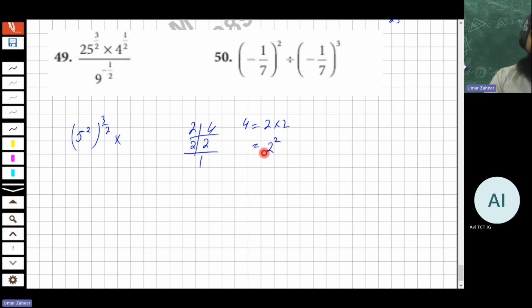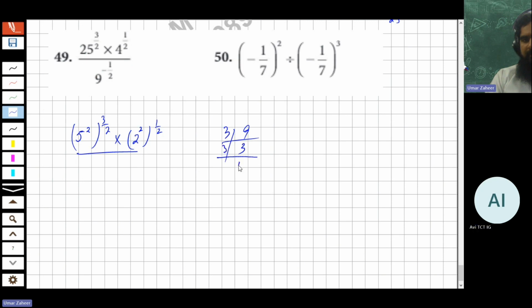So we will write 2 square instead of 4, to the power 1 by 2. In the same way, in the denominator you have 9. Find the prime factorization of 9. 3 times 3 is 9. So instead of 9, we will write 3 square.